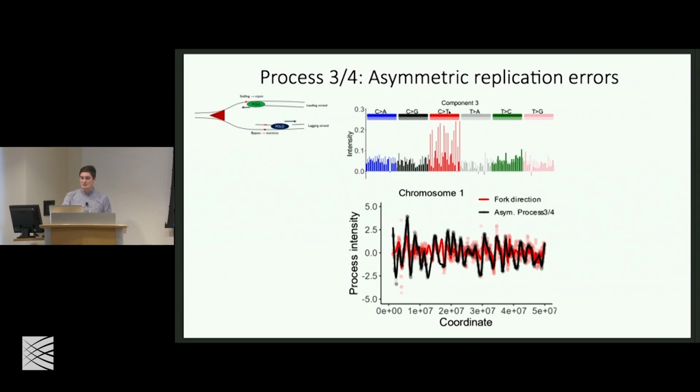It is dominated by C2T mutations, and we can look at the variation of asymmetry of this process along the genome and compare it to predicted fork direction. Fork direction is a quantity which reflects to what extent there is a probability of a given genomic region being replicated as the leading versus lagging strand.